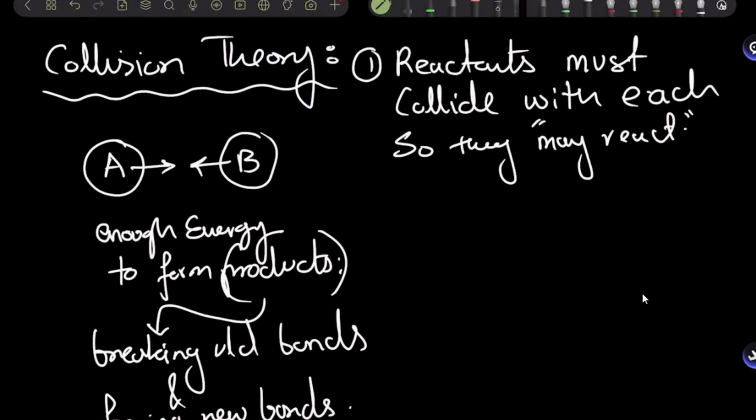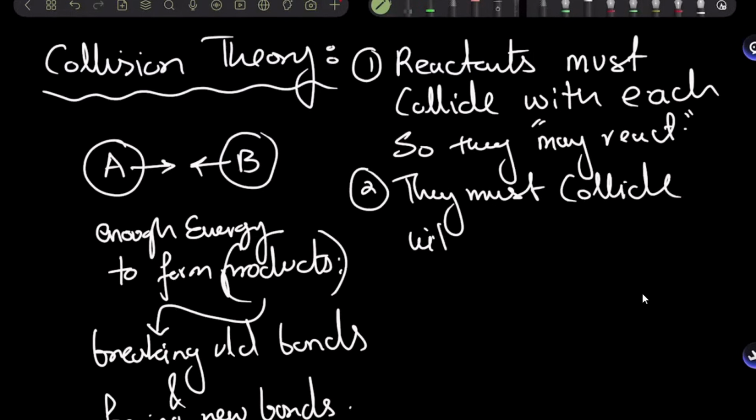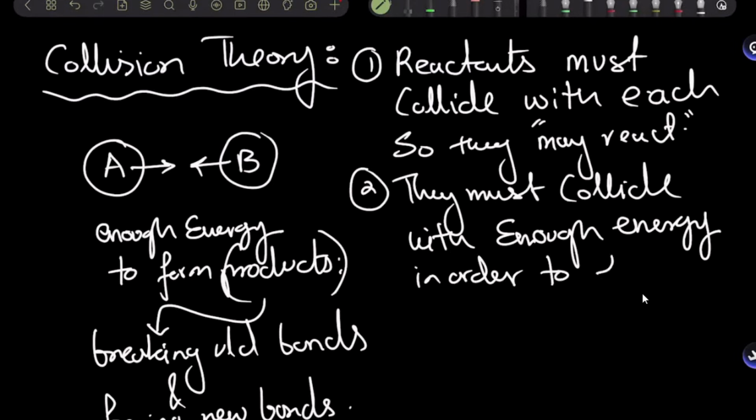Because in the product, you'll have different bonds compared to the reactants. You'll have new bonds over there. All right. So the second postulate would be they must collide with enough energy in order to form product.